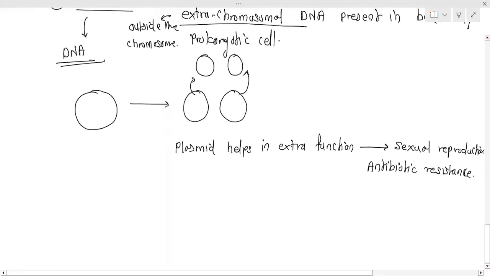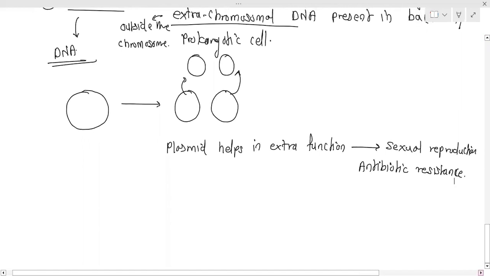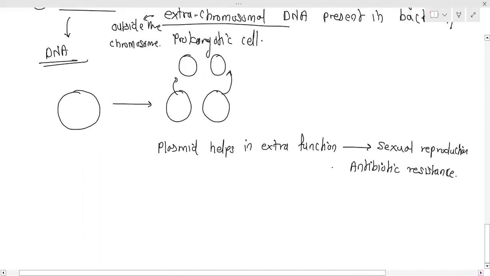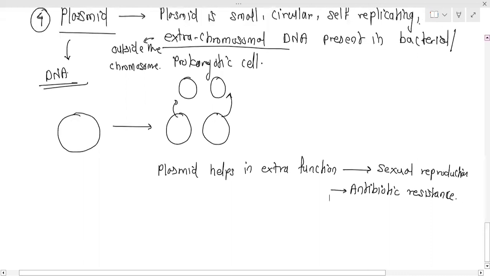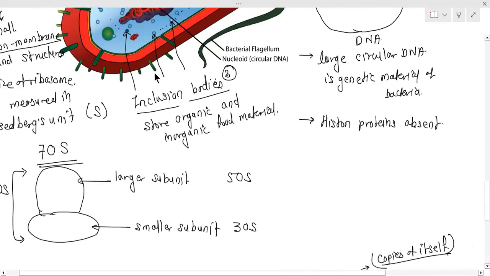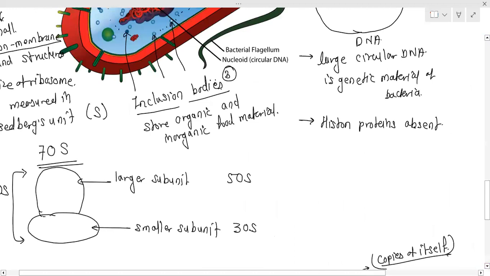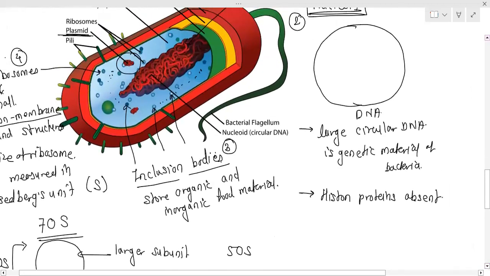But antibiotic resistance is also provided by plasmid. Otherwise, bacteria cannot have this. And then we even studied inclusion bodies, correct? These are just food storage particles in bacteria.